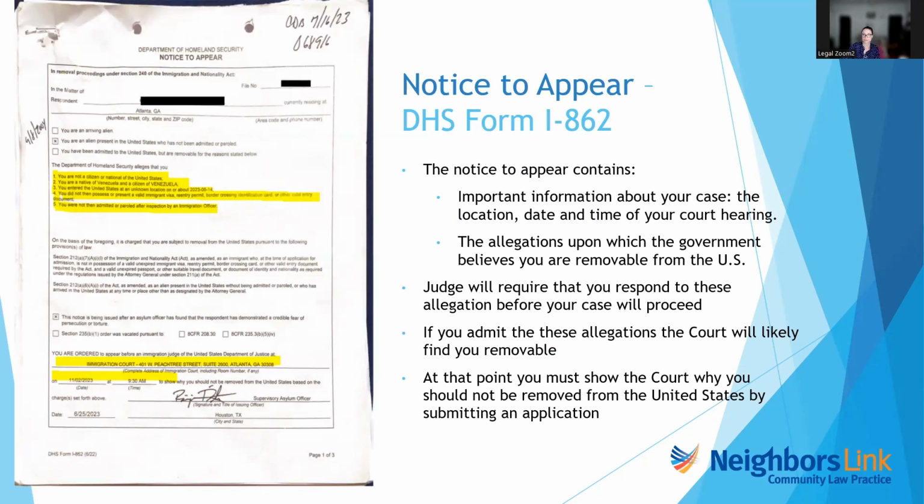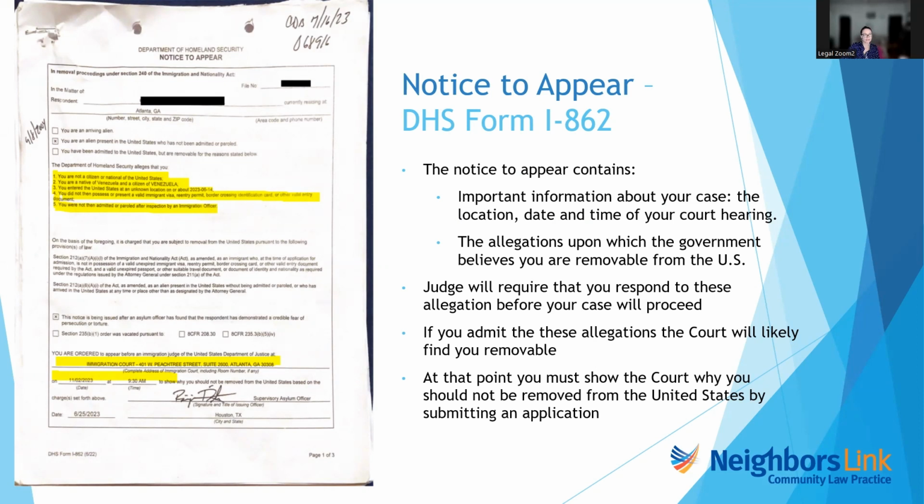The first document associated with immigration court is the notice to appear. That's DHS form 1862. This document contains important information about your case, including the location, date, and time of your court hearing.